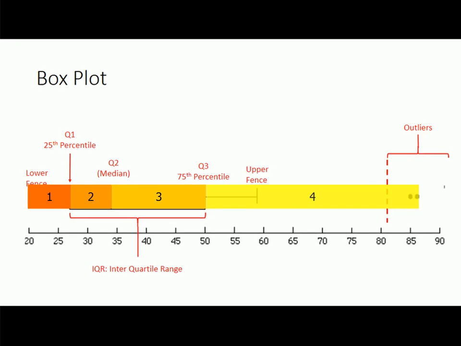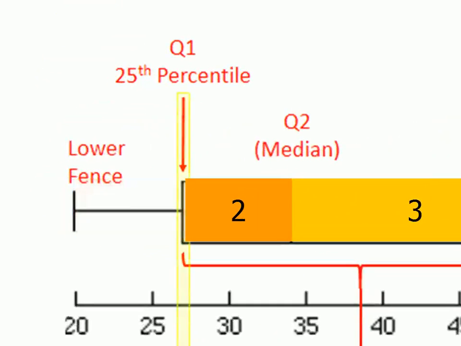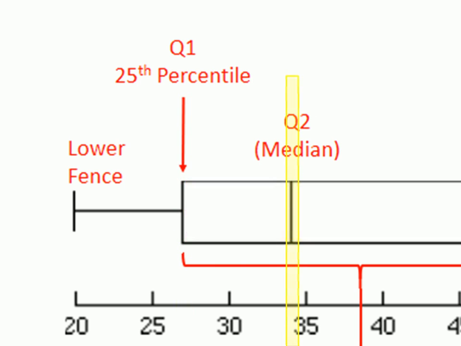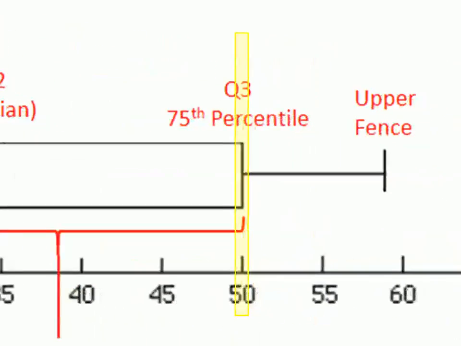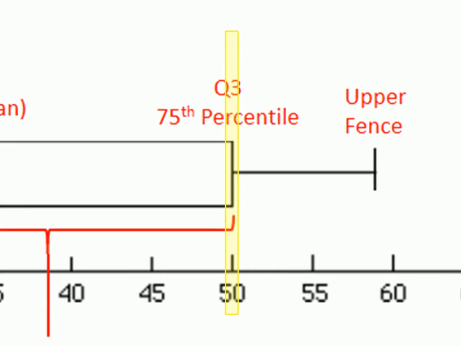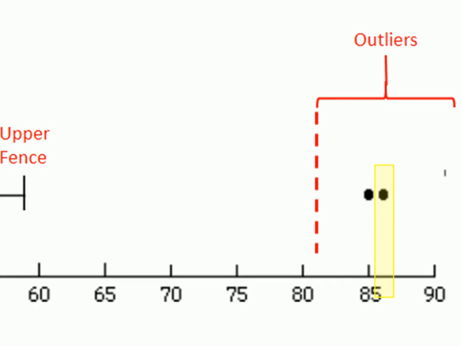The first quartile is the point at which you have the first 25% of your data. And then the second one, quartile 2, also known as the median, is the 50th percentile. That's half of the data below that point, half of the data above that point. Then you have the 75th percentile, also known as the third quartile. And then the maximum data value is going to be represented, in this case, by a dot.